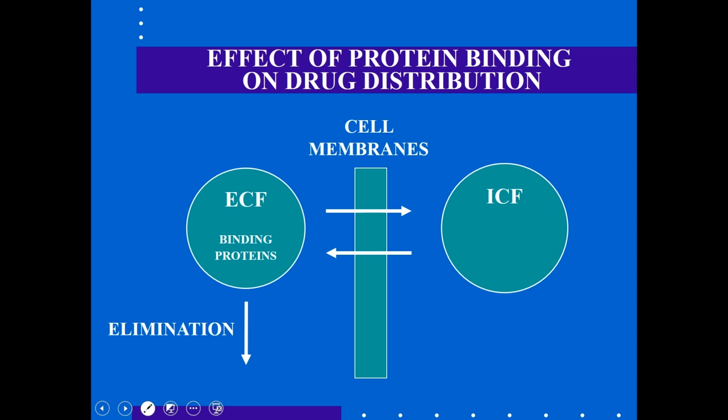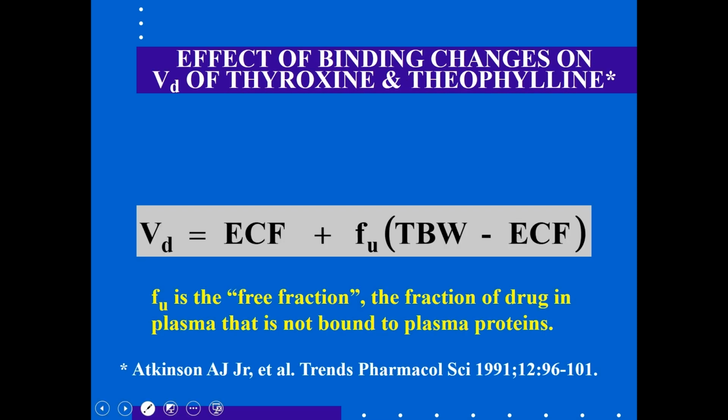So the first thing I would like to disabuse you of is the concept that plasma proteins are only distributed in the intravascular space. In fact, these binding proteins distribute throughout extracellular fluid space. So essentially, we have two main compartments to think about: extracellular fluid space and intracellular water when we think of distribution volumes.